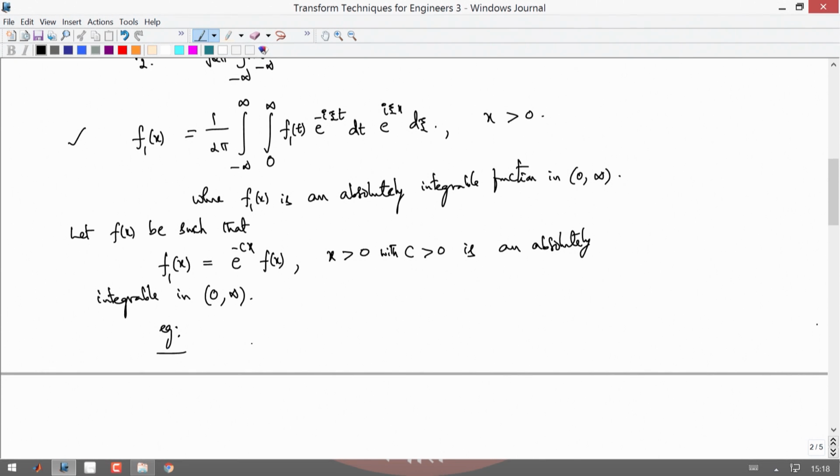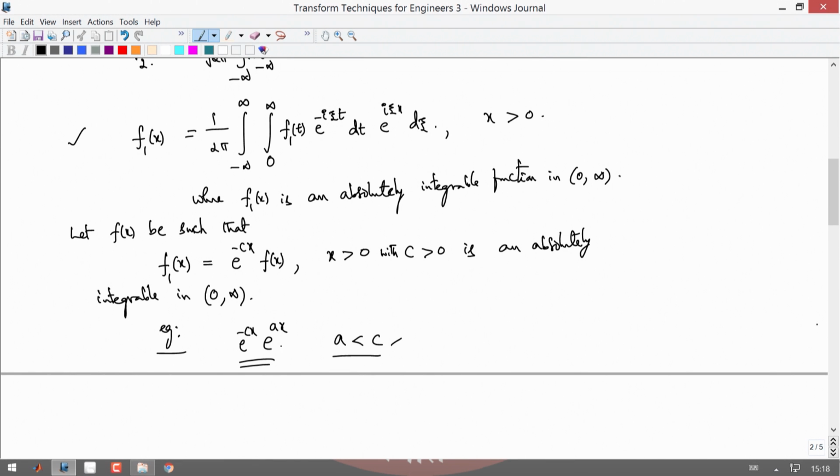So, for example, you can think of e power a x. So, f of x behaves like e power a x at infinity, so that if you multiply with e power minus c x, with a less than c, what happens? This is like exponential a minus c.